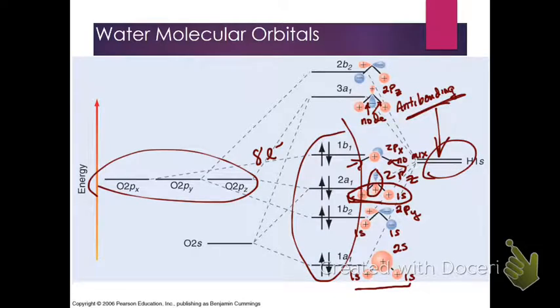That's why it's called an antibonding orbital, because it's more stable for the electrons to remain in the isolated atoms than to go into this antibonding orbital. And then the orbital we have at the very top of our illustration here has a 2py orbital. Of course, that 2py orbital is directed along the y-axis.